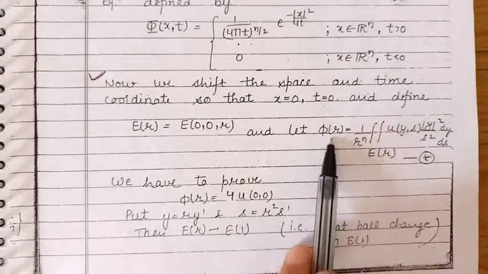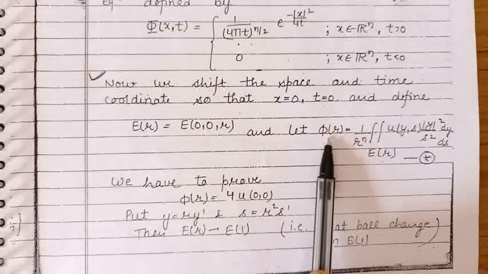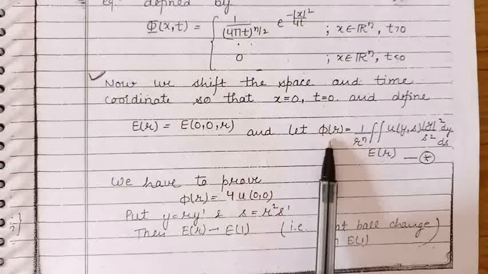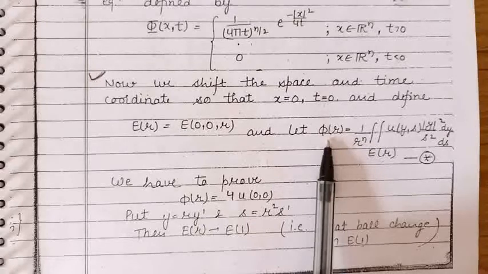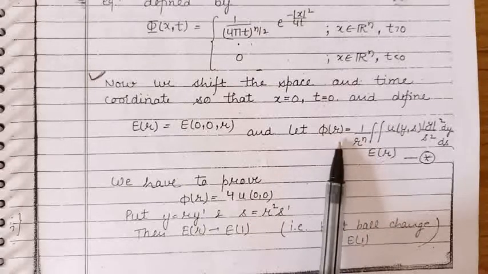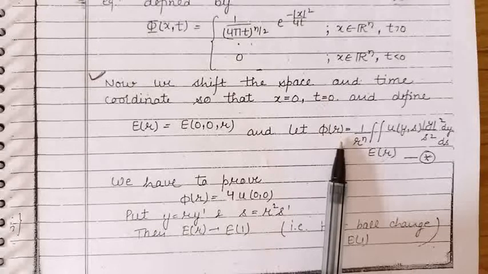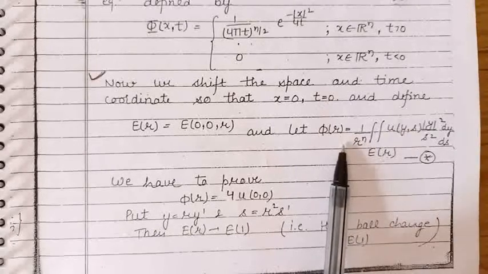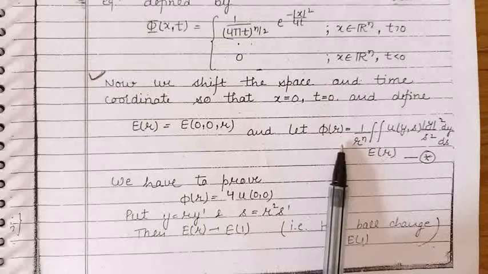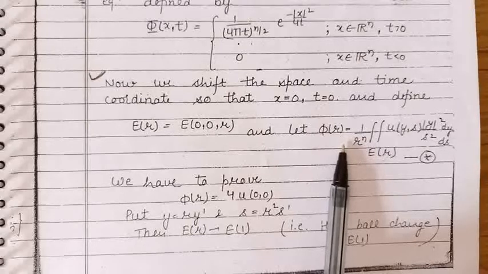Actually, we are to differentiate this function with respect to r, and we cannot directly differentiate it with respect to r. So firstly, we will have to change it into a unit ball, as we already discussed in the mean value property for Laplace equation. We cannot directly have differentiation with respect to the radius of the ball. So in order to differentiate with respect to the radius of a ball, we will have to convert it into a unit ball.